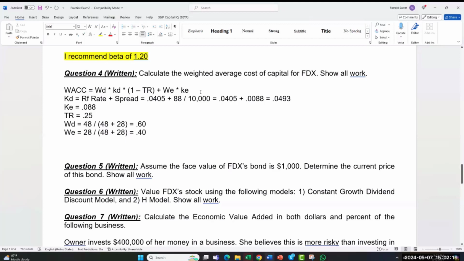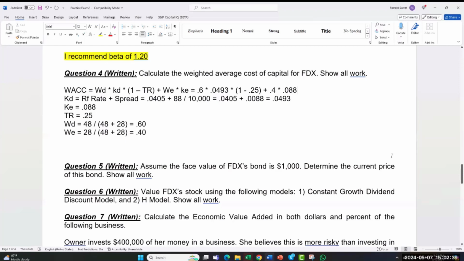So then it's just a matter of plugging everything in. 0.6 times 0.0493 times 1 minus 0.25 plus 0.4 times 0.088.